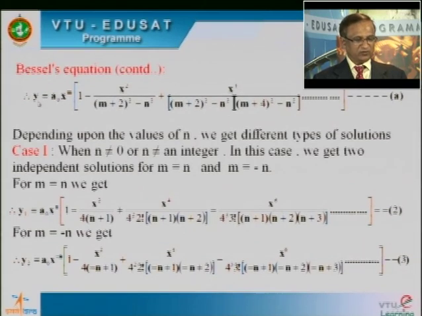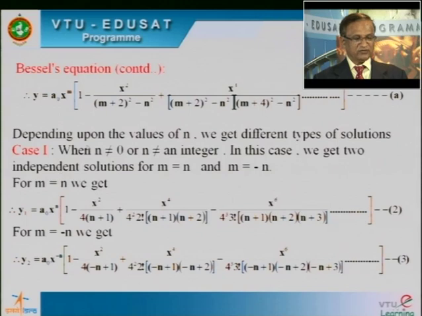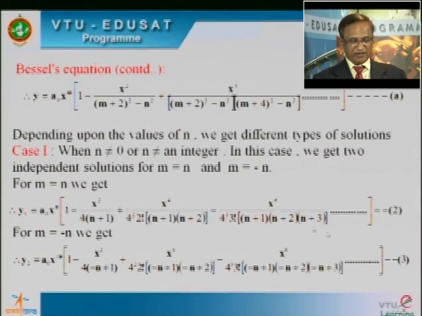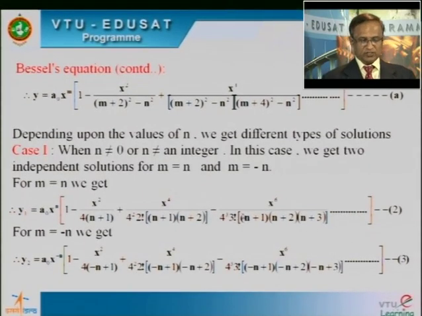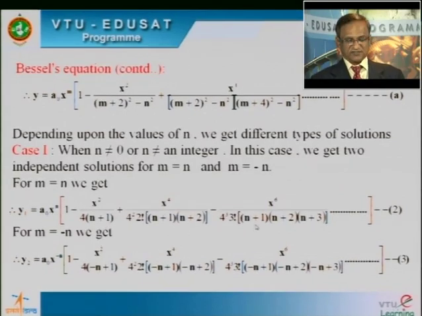I hope I can obtain y1 = a₀ x^n [1 − x²/(4(n+1)) + x⁴/(4² · 2! (n+1)(n+2)) − x⁶/(4³ · 3! (n+1)(n+2)(n+3)) + ...] after simplification, and so on.